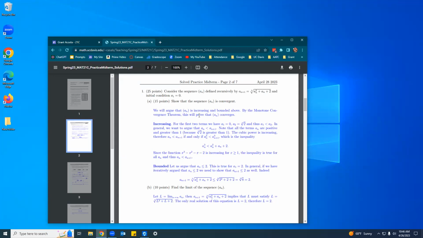So to show it's increasing, we want to show that the next term is bigger than the previous term. That's what we're trying to show. So this is where we're going to use the recursiveness. I know that a sub n plus 1 is equal to the square root of 6 times a sub n.